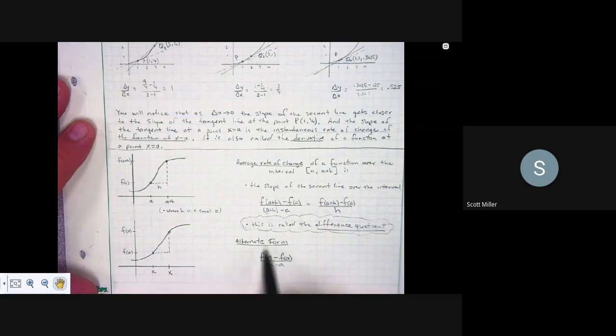Here's an alternate form of the same thing. It's just a different look on stuff. Instead of using h, I just used some arbitrary value x, and x can be anywhere on the x-axis. But using this notation, I get this difference quotient, which is an alternate form, and you'll need to be familiar with both formats. They mean exactly the same thing.